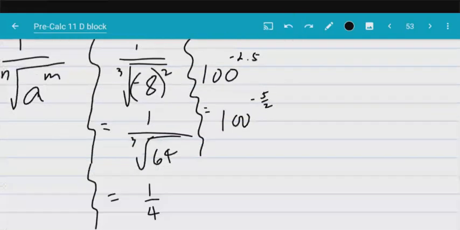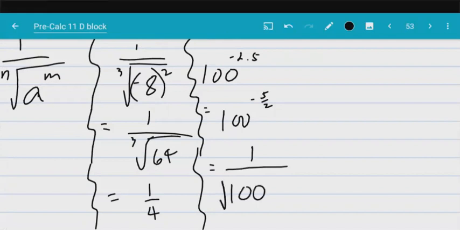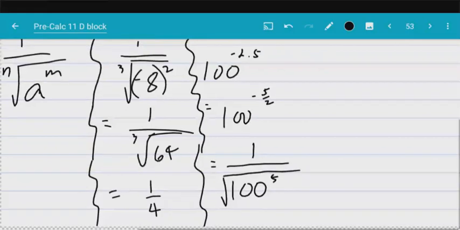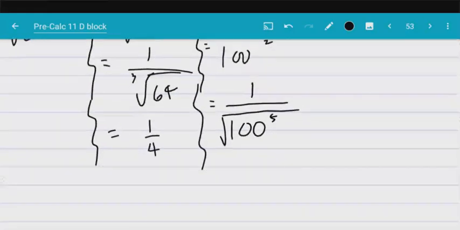How does that work? 1 over 100, and the root is 2, and the exponent is 5, right? And what is it saying? Get the fifth power first of 100, which means if you have 2 zeros right now, there will be 10 zeros in the fifth power.